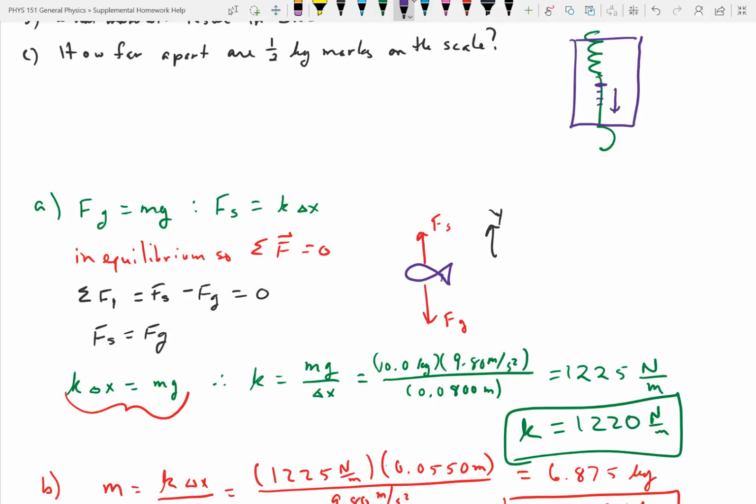So you have 0.5, 1, 1.5, etc. marked on there. And that's telling you how much mass in kilograms, assuming it's calibrated for the spring constant and G, because the scale actually reads a force. And then if you know what G is, you can translate from force to mass.